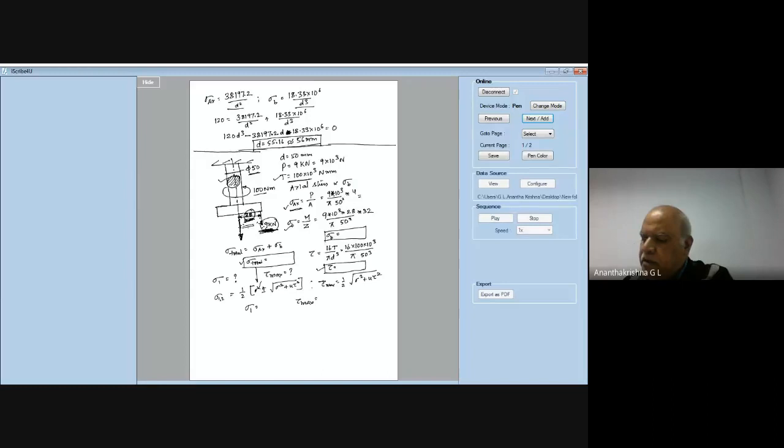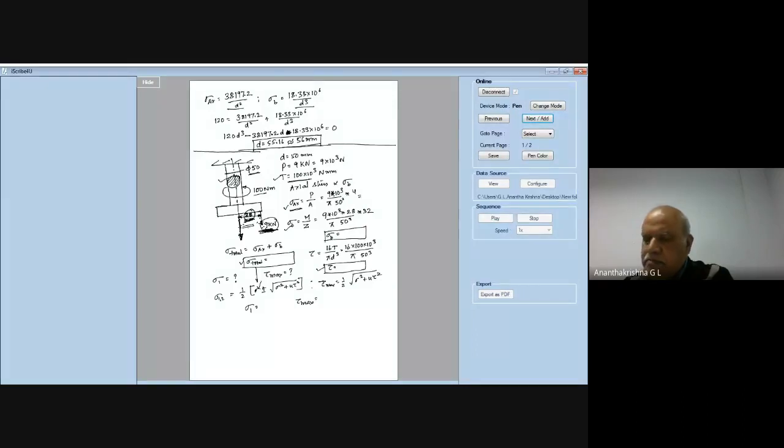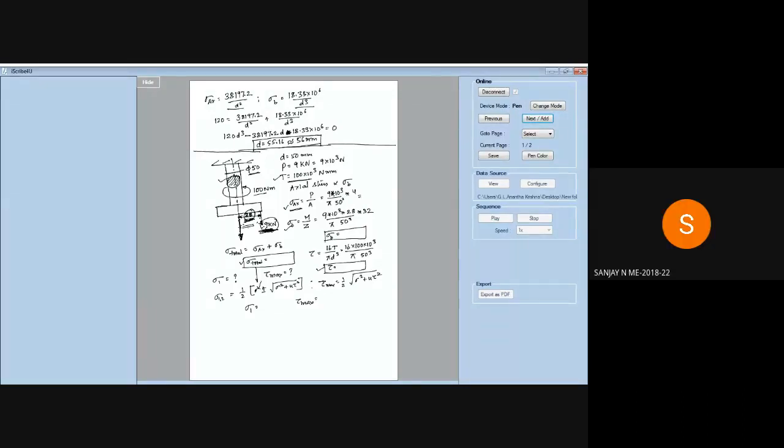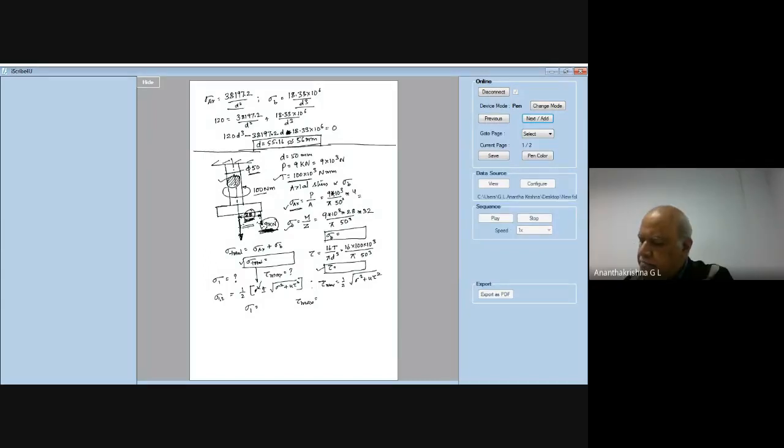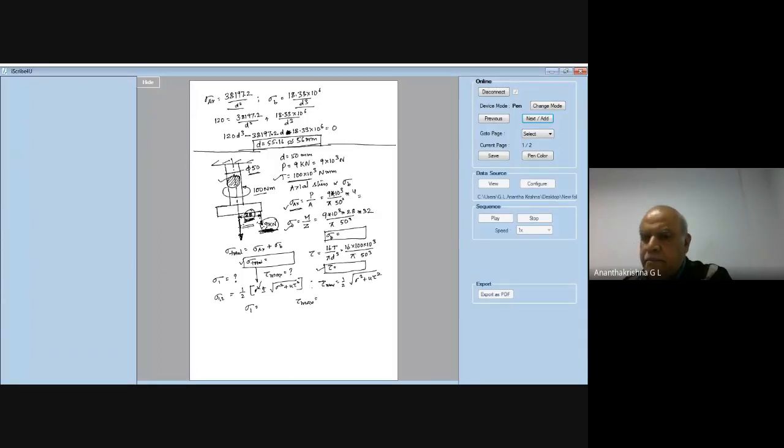46, 47, Yes, sir. 48, Yes, sir. Present. 49, Satish Shankar. 50, Present, sir. 52, 53, Present, sir. 54, Present, sir. Saluja, Yes, sir. 55, Yes, sir.